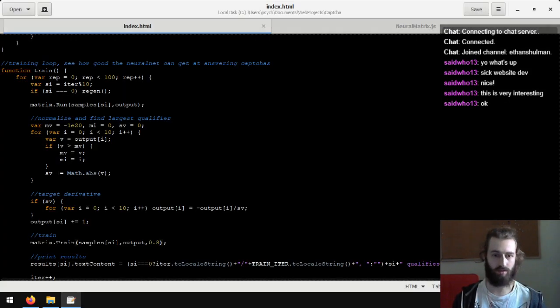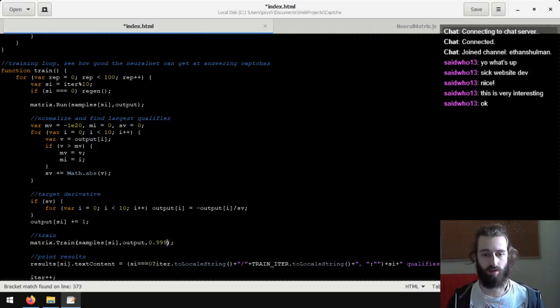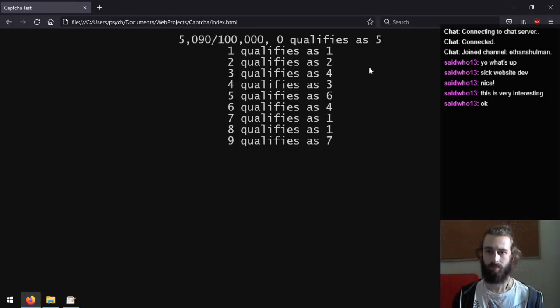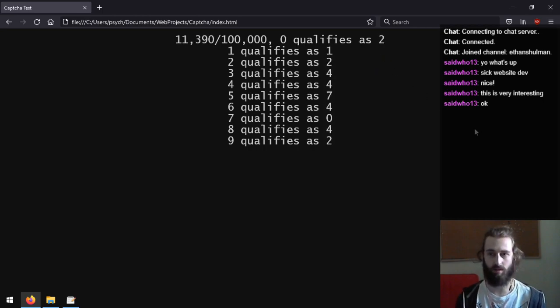Oh, interesting. So now that I don't have this, it's not training to 0 now that I'm normalizing it, which is actually really good, so I can get a higher learning rate, I guess. Or hopefully, let's see if this works. It does look like it's locking onto the letters like 2 more.